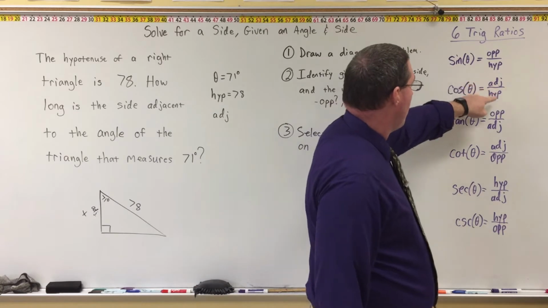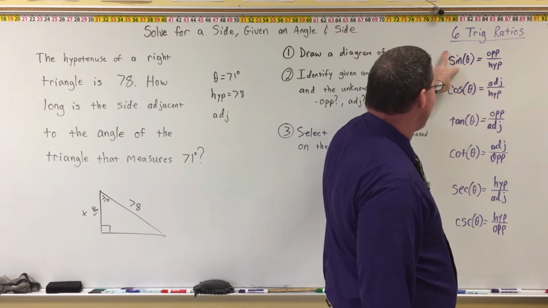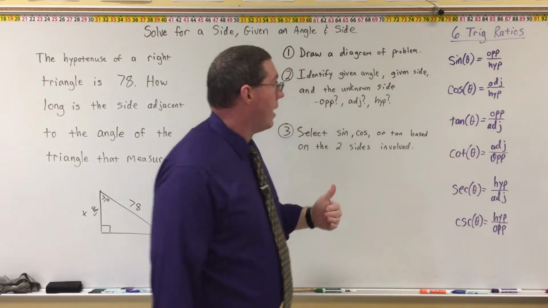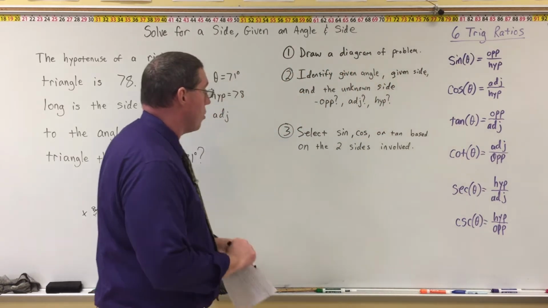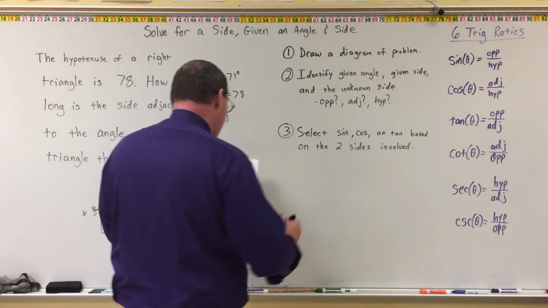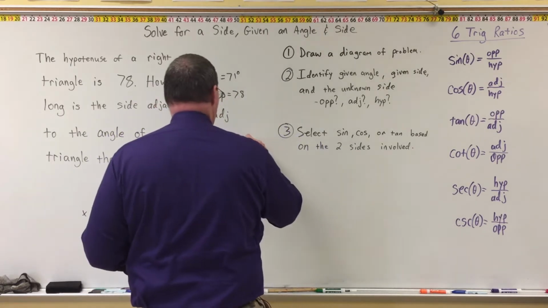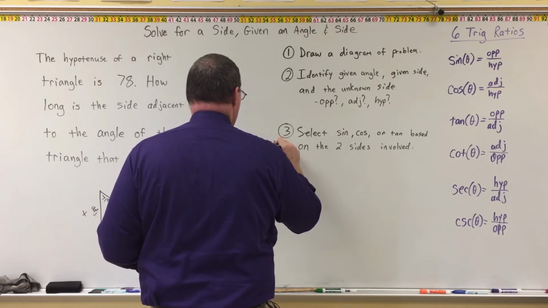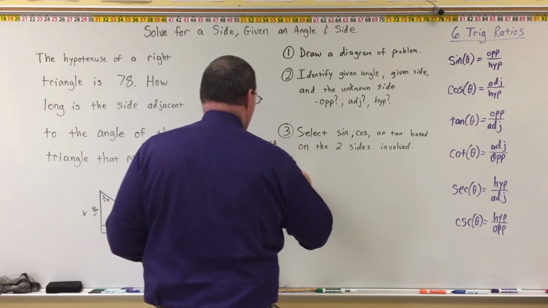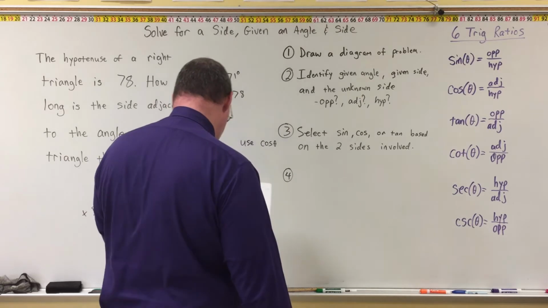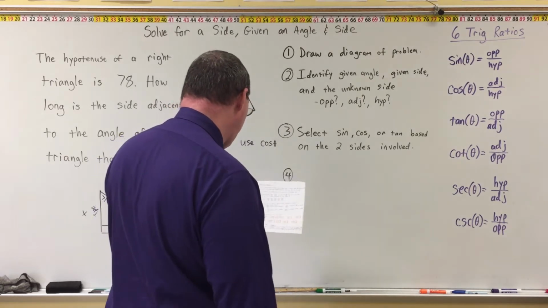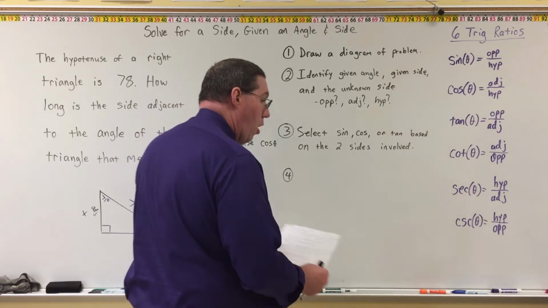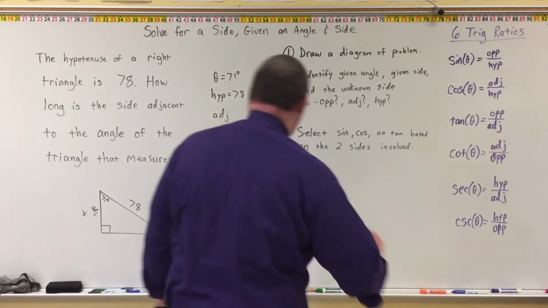We've got adjacent over hypotenuse. Sine does not include adjacent, and tangent does not include hypotenuse. Therefore, we can't use sine or tangent. We're going to use cosine, cosine of theta. Then step 4 is to set up a ratio equation and solve using a calculator. Here's what I mean.